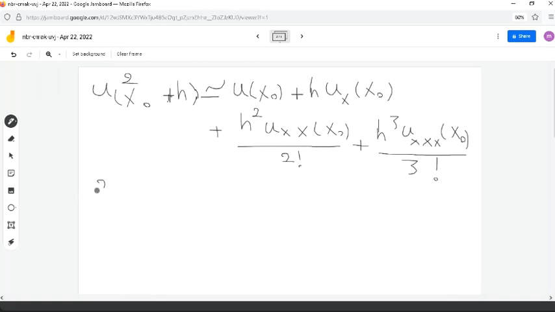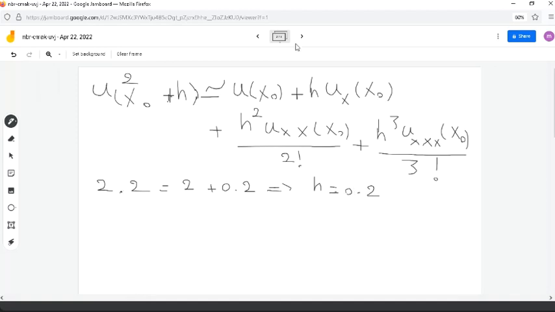And we approximate u of 2.2, and 2.2 equal to 2 plus 0.2, and then we have h equal to 0.2. Okay?